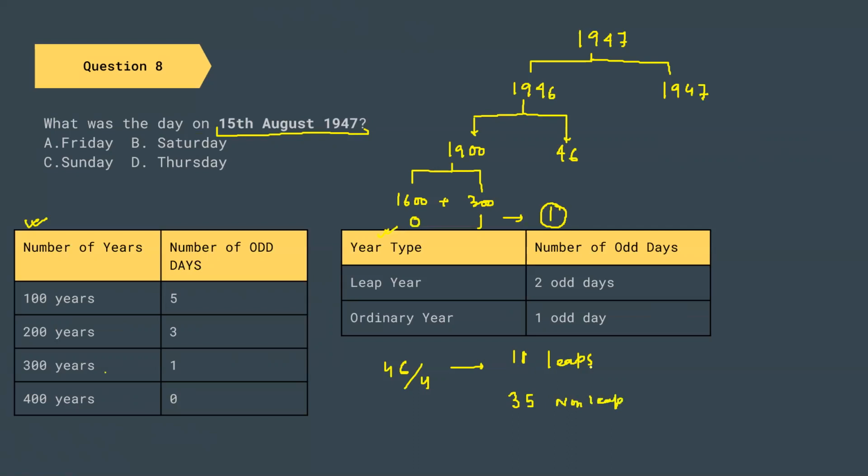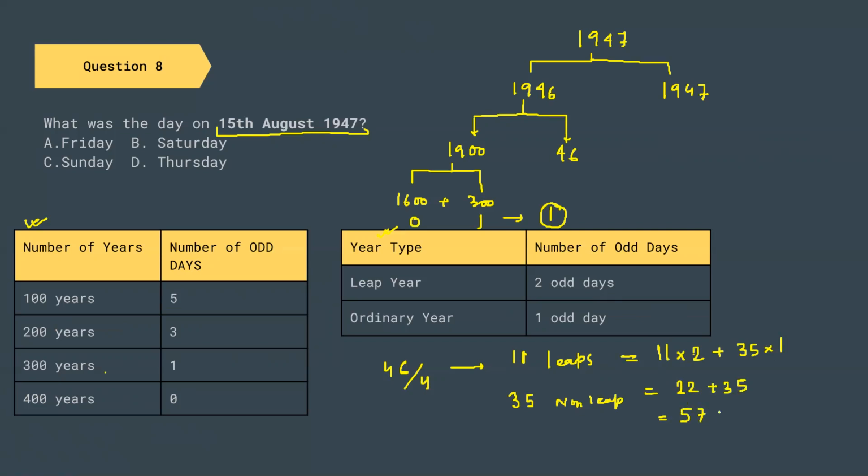So 11 leap years and 35 non-leap years. For every leap year we get 2 odd days. So this will be 11 into 2 plus 35 into 1. That gives us 22 plus 35, so that gives us 57.